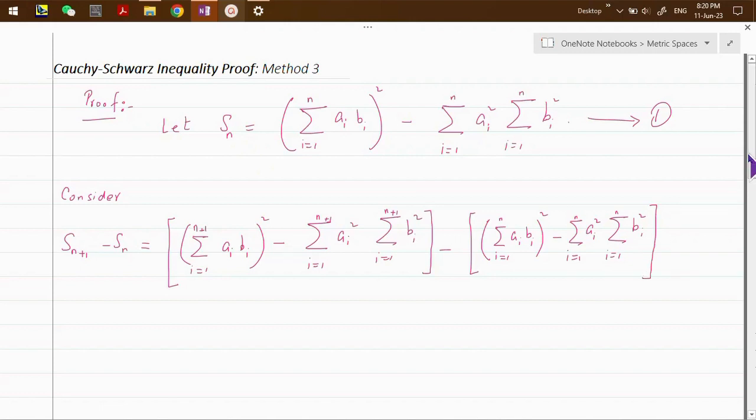We just put the value of Sn plus 1 and Sn.